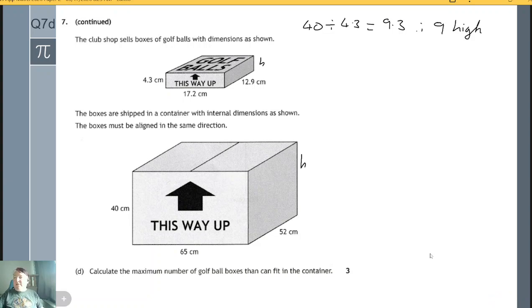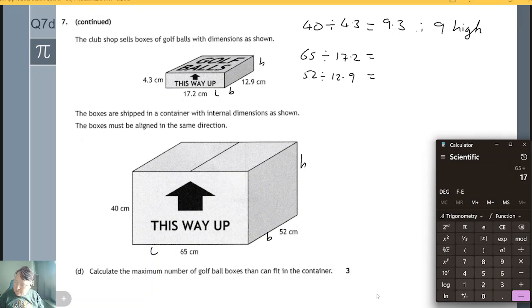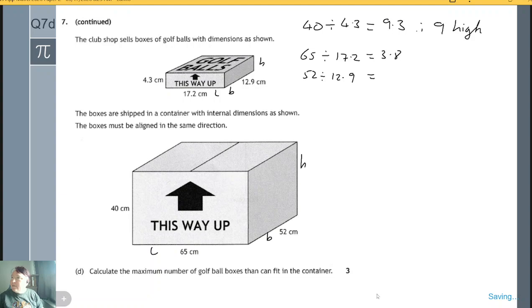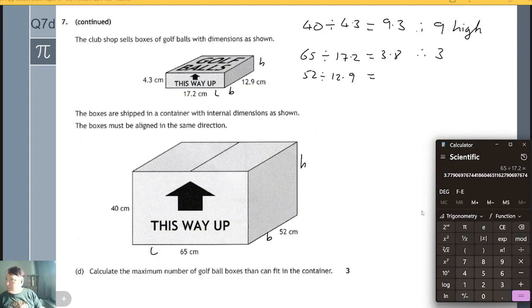And now we've got two ways we can do this. We can do length and breadth, and length and breadth that way. So we can do 65 divided by the 17.2 and 52 divided by the 12.9. 65 divided by 17.2 is 3.8 to one place, which is 3 boxes.